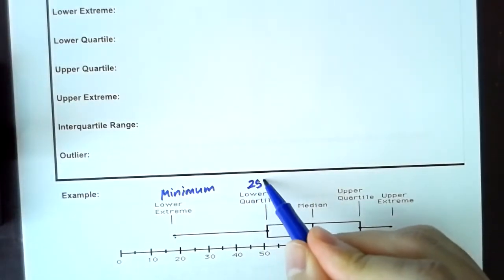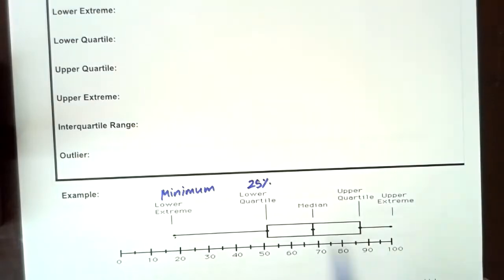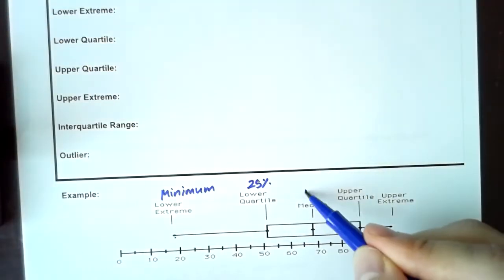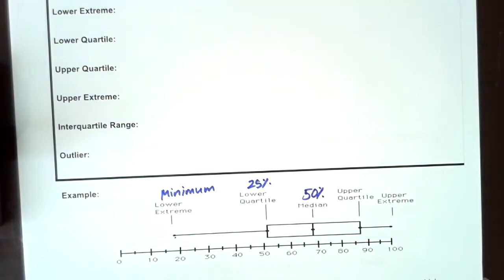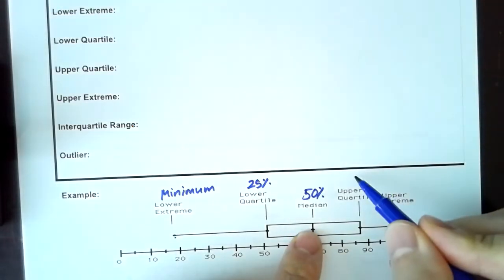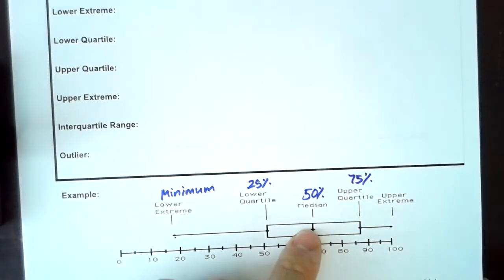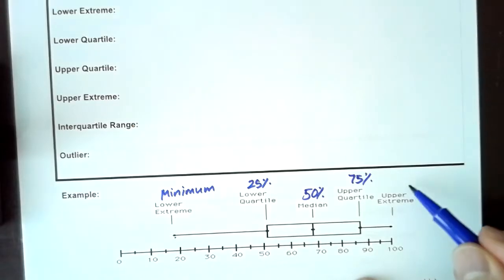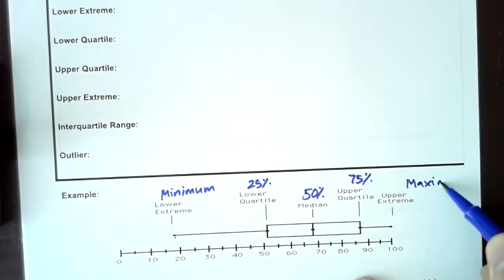So it's kind of like your 25% mark. Your median is your 50% mark. Your upper quartile is the halfway point of the second half, which is pretty much like the 75% mark of data. And then your upper extreme is kind of like the maximum.